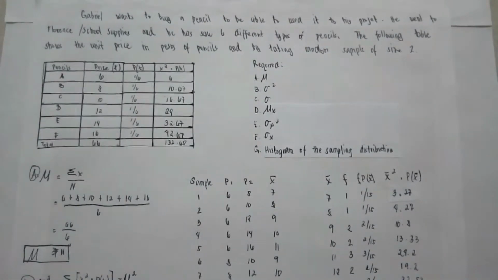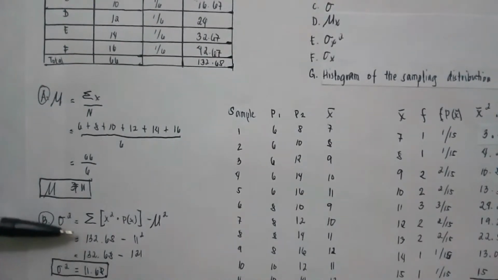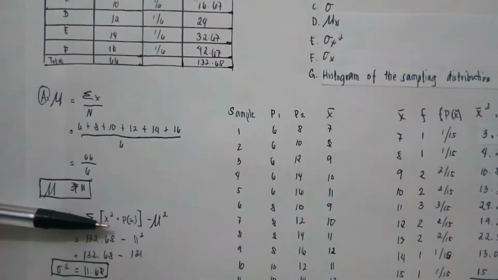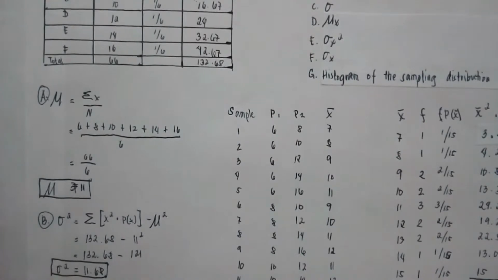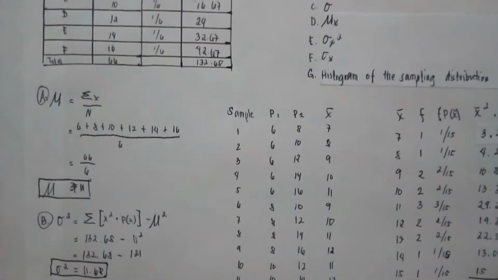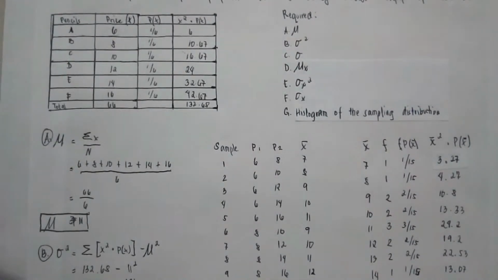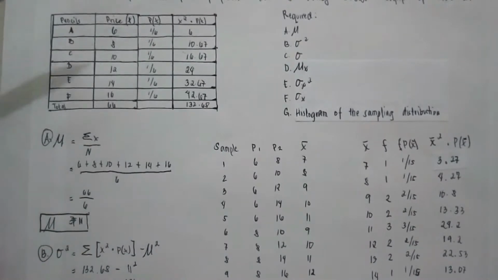Then, ang next nating kukunin ay ang value ng variance. So, ang formula niya is summation x squared times probability of x minus mean squared. So, balik tayo sa table para makuha natin ang value ng x squared times probability of x.